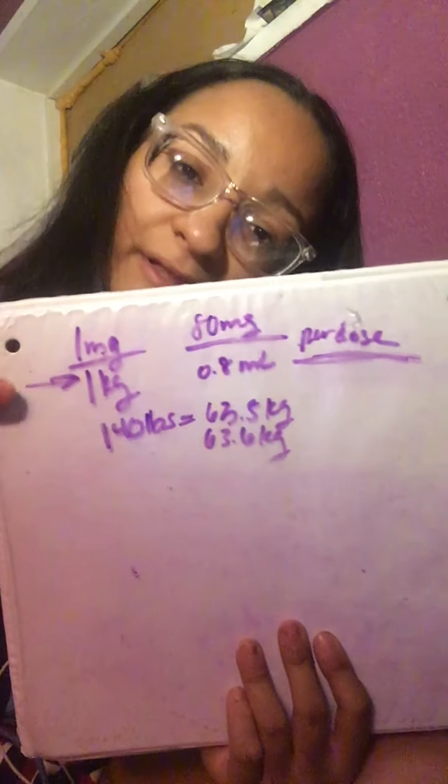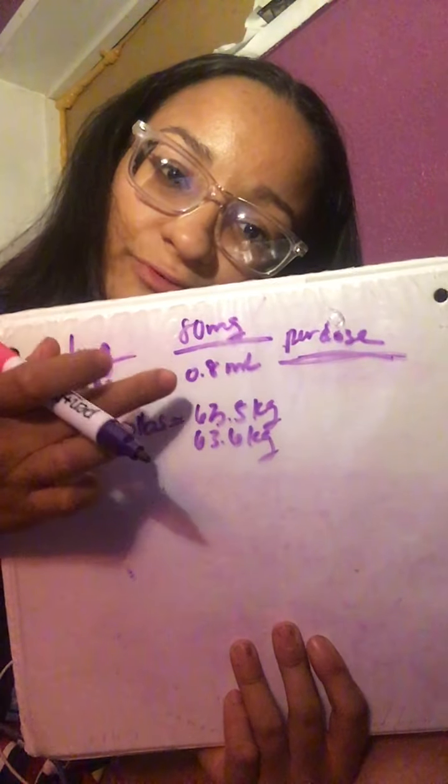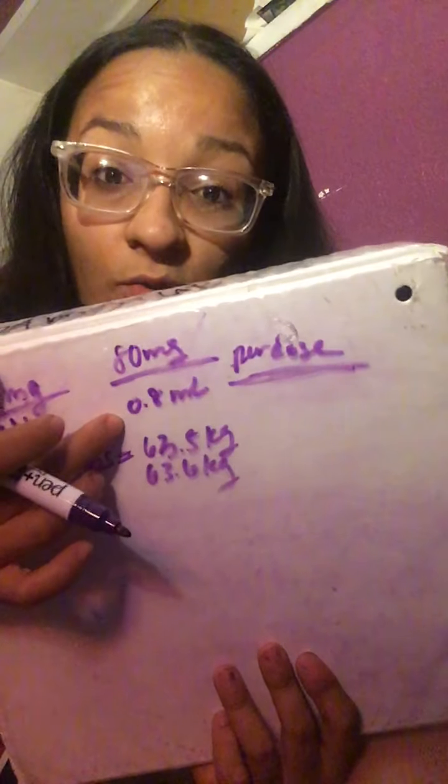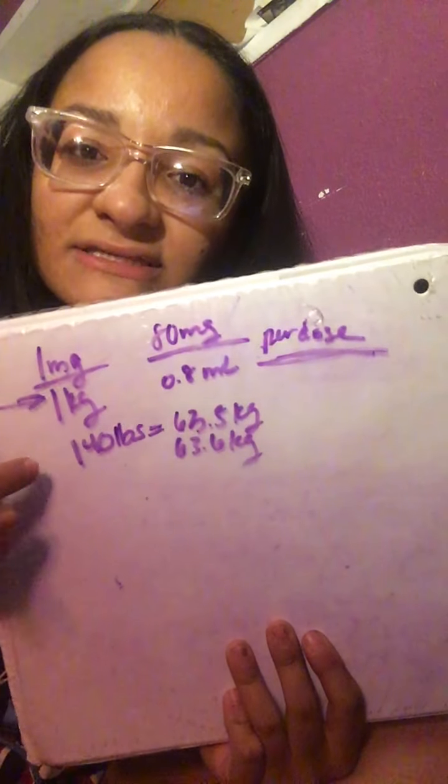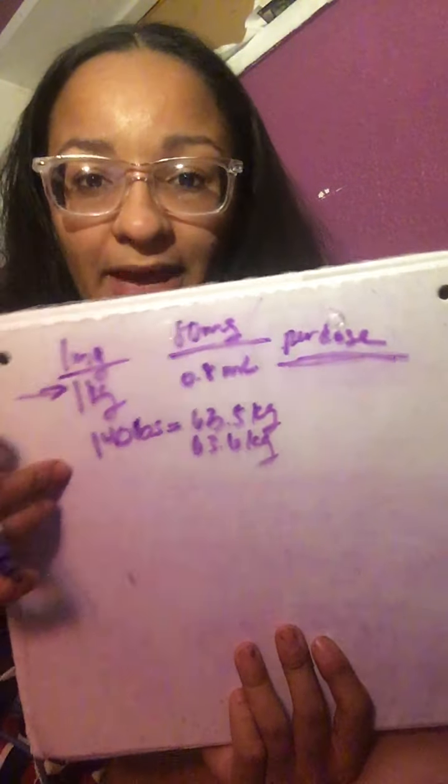So they gave us 3 givens. They give us 1 milligram per kilogram, 80 milligrams per 0.8 milliliters in the question, and then they've already given us the patient's weight as 140 pounds.